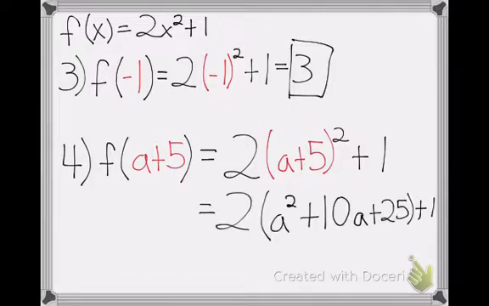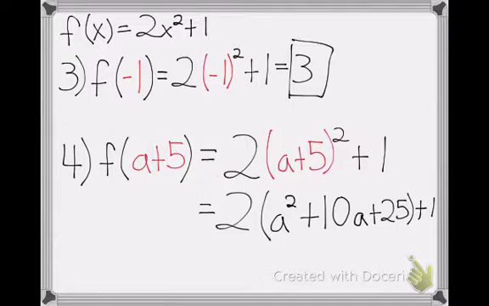This is a very common mistake in a problem like this. Instead, we have to FOIL out a plus 5 times the quantity a plus 5. And what we end up with when we do that FOILing is 2. This 2 here is the same as this 2 here.